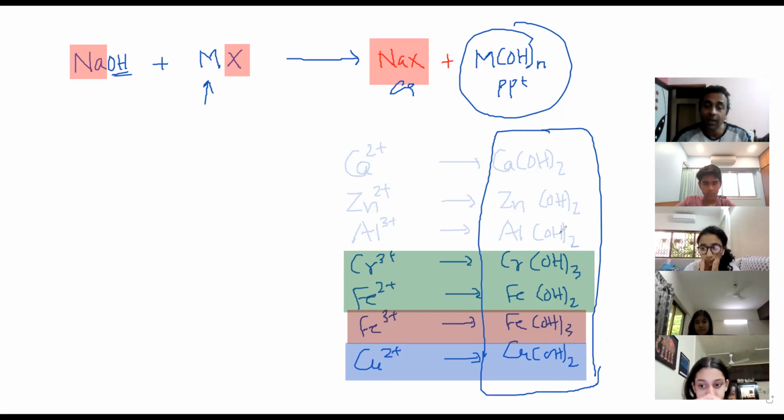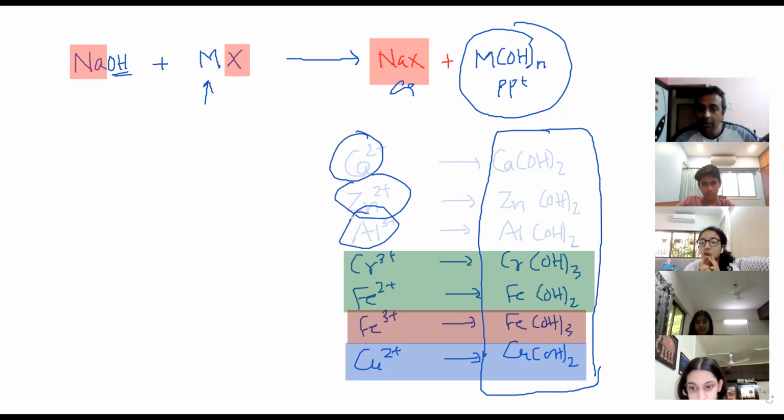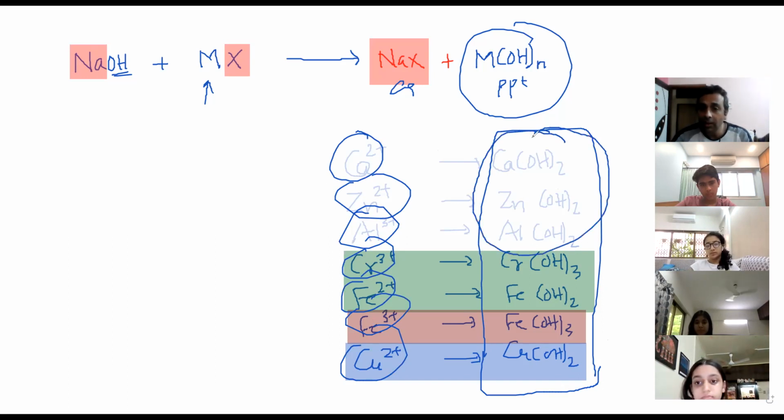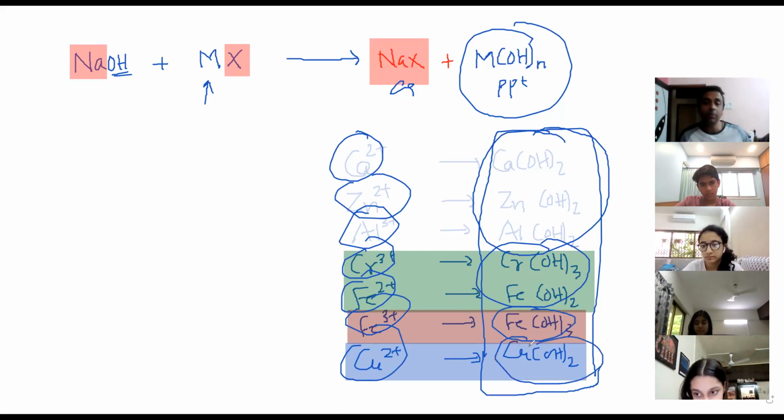And I will see a precipitate of different colors depending on which is the cation. So that's how we identify the cation. That's how the test for cation works. These 3 are white in color. These 2 are green in color. This is red brown. And this is blue, copper. Copper is blue.